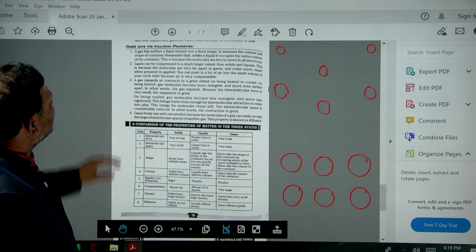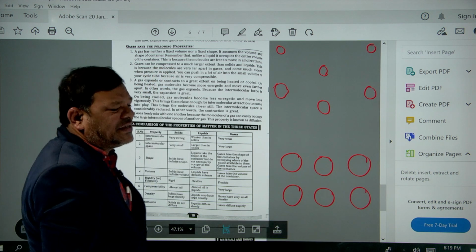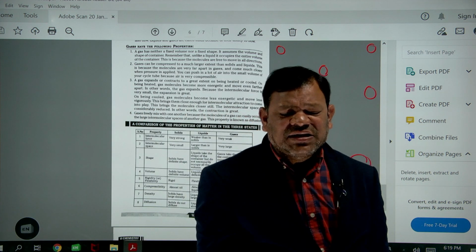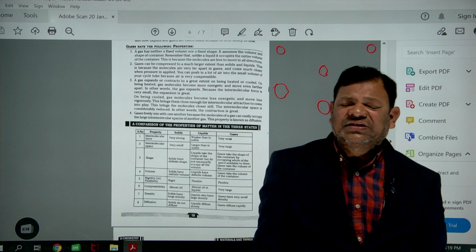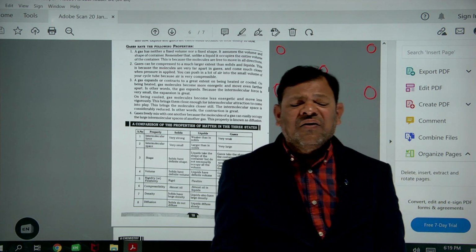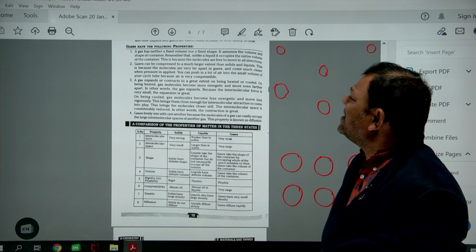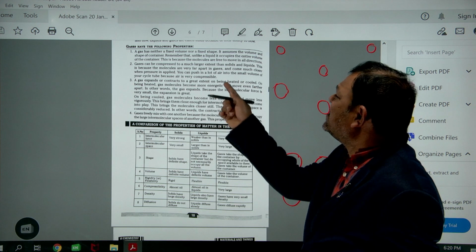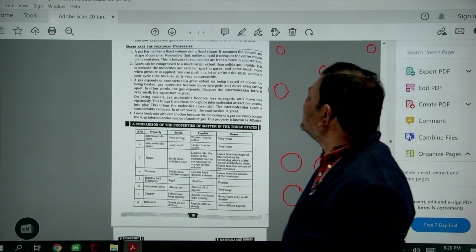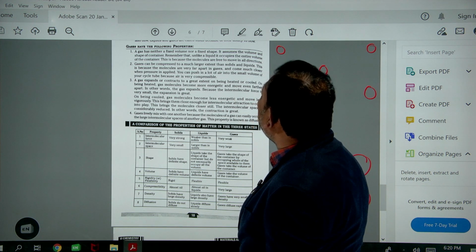First, a gas has neither fixed volume nor fixed shape. Solids have a fixed shape and fixed volume. Liquids have a fixed volume but no fixed shape. In gases, the characteristic feature is neither a fixed volume nor a fixed shape. A gas assumes the volume and shape of the container.